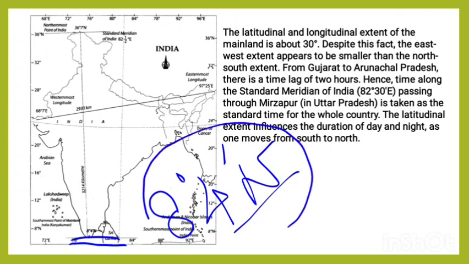Kanyakumari is near 8 degree 4 minutes, and it is the coastal area of Tamil Nadu, which is near the equator. That's why the difference between day and night is hardly felt there, whereas Kashmir is away from the equator, located near about 30 degree of latitude. That's why the duration of day and night varies in Kashmir and Kanyakumari respectively.